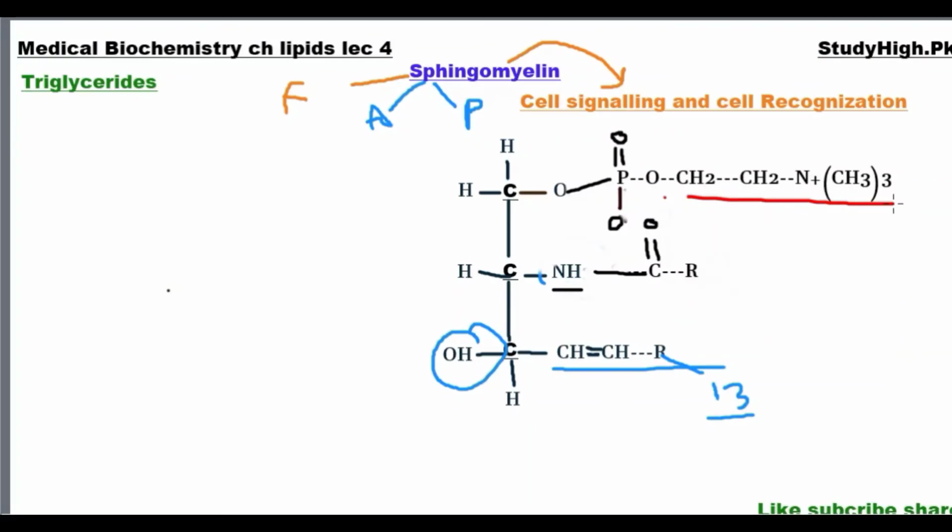At carbon 2, a fatty acid group attaches through amide linkage, C double bond O NH. This linkage is called amide linkage. At carbon 3, there is a 15-carbon unsaturated alkyl group attached, whereas the hydroxyl in case of sphingomyelin or sphingolipids remains intact.